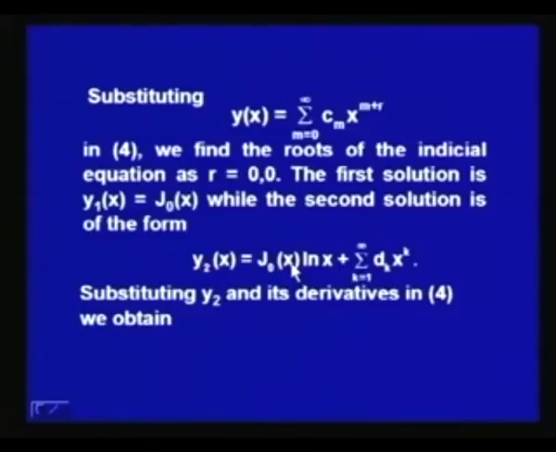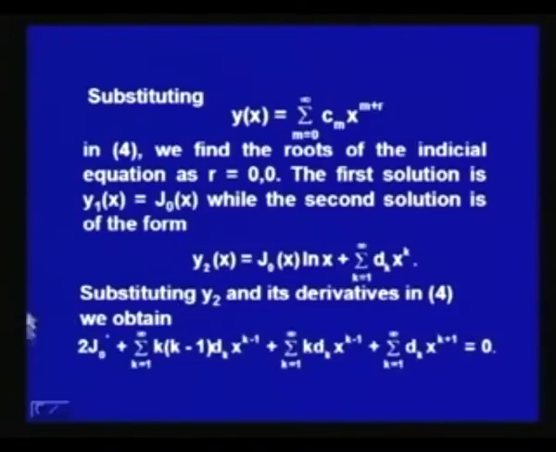So, substituting this second solution and its derivatives into the Bessel's equation of order 0, we obtain 2 J0'(x) plus sigma k equal to 1 to infinity k into k minus 1 dk x to the power k minus 1 plus sigma k equal to 1 to infinity k dk x to the power k minus 1 plus sigma k equal to 1 to infinity dk x to the power k plus 1 equal to 0.